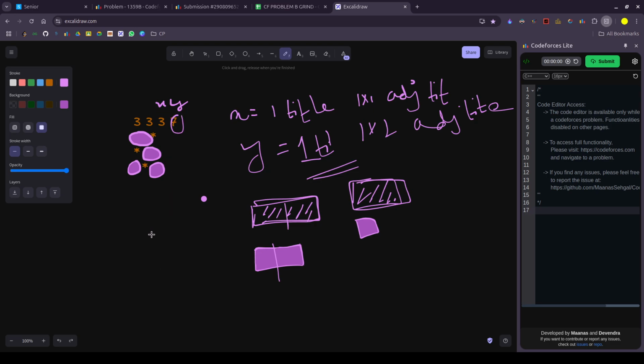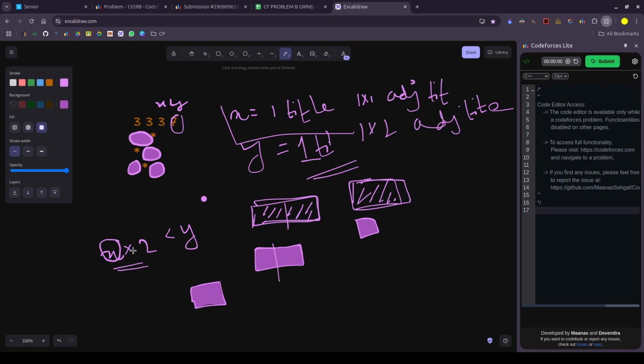We just have to calculate if 2x is less than y. If we buy single x, we have two options: we will cover one cell at a time or two cells at a time.